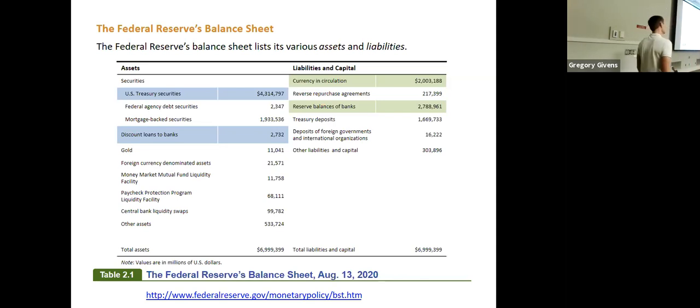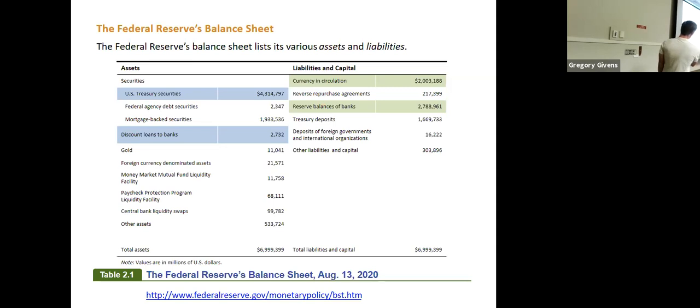There are several things on the asset side of the Fed's balance sheet. I would like you to be familiar with a lot of them, if not all of them. But the two that are most important to work the problems that have to do with understanding how the money supply process works have been highlighted here. That's the Fed's holdings of U.S. Treasury securities, so things like 3-month T-bills plus 10-year Treasury bonds.